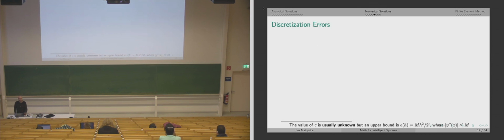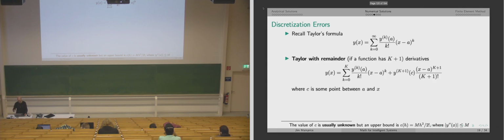But what's more important for us is the discretization errors. So let's go back to our Taylor formula. The Taylor expansion of a function y of x at a particular point A gives us an expression in terms of a polynomial with respect to all the derivatives, the infinite amount of derivatives which we can compute for a C-infinity function.